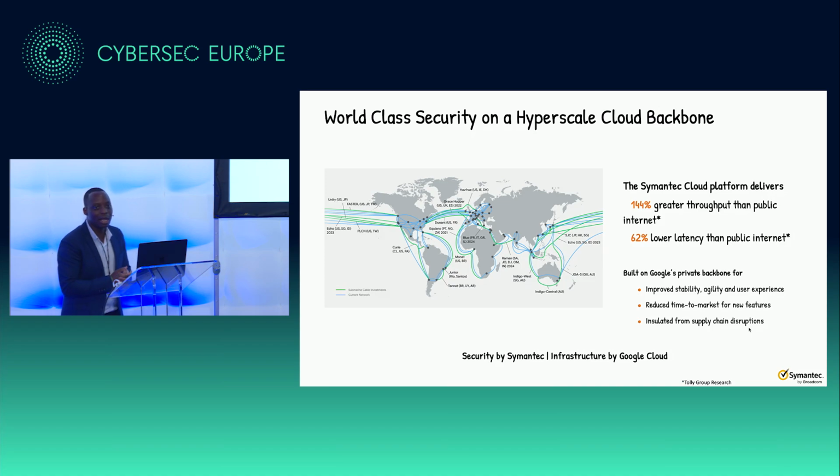This is the cloud backbone we use, and the studies made by Tolly, I think 1 or 2 years ago, said that the throughput is better than the other vendor, and it also offers really low latency and a better user experience. So this is really one of the capabilities we provide.